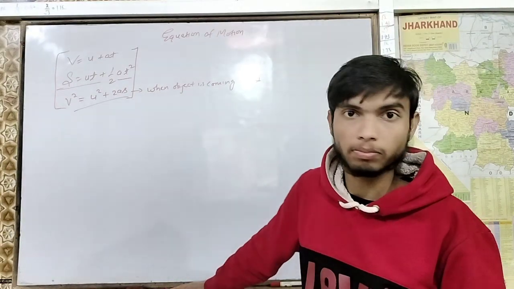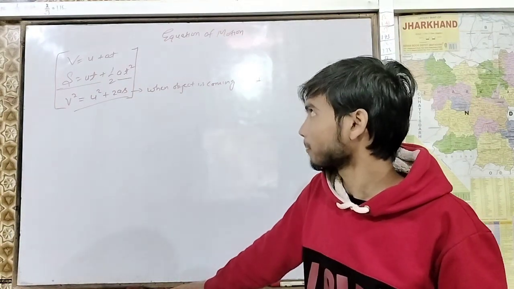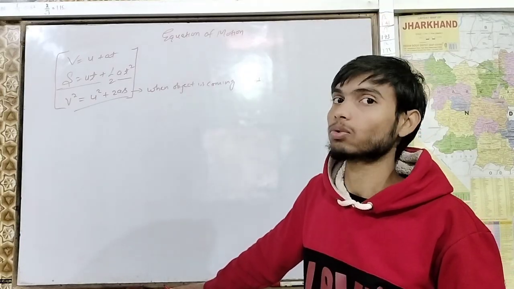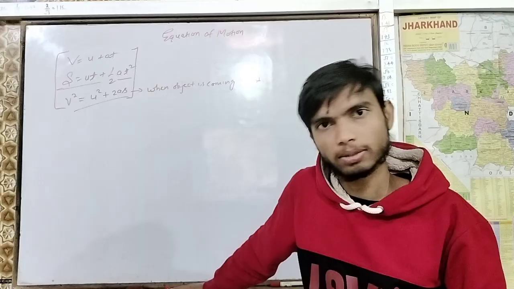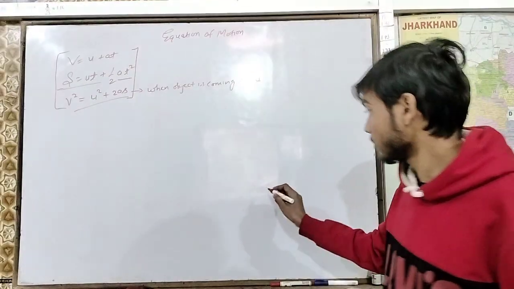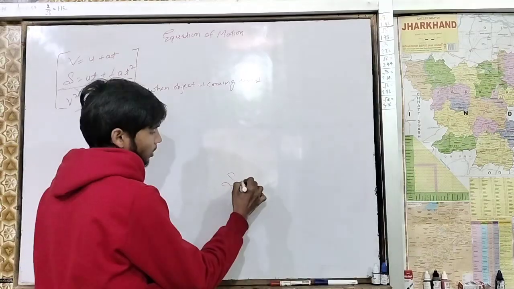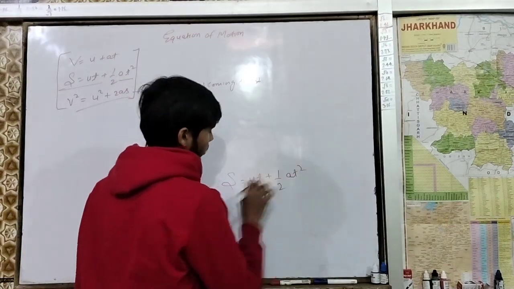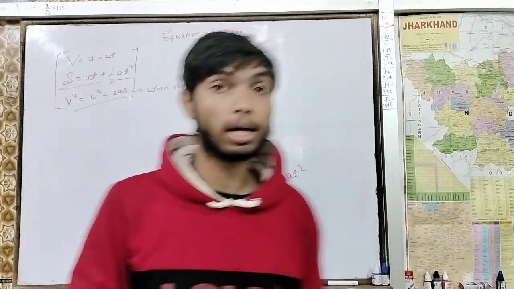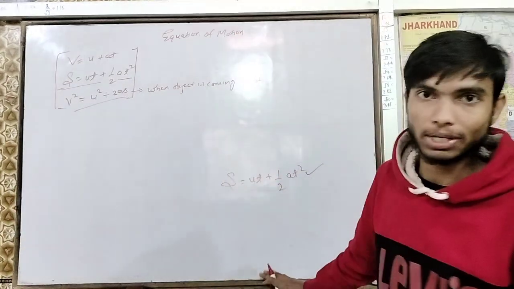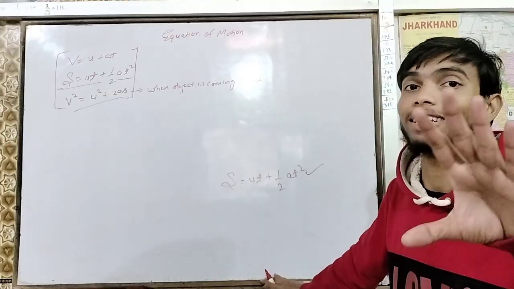s is equal to ut plus half at square. This second equation of motion will be used to calculate the displacement.